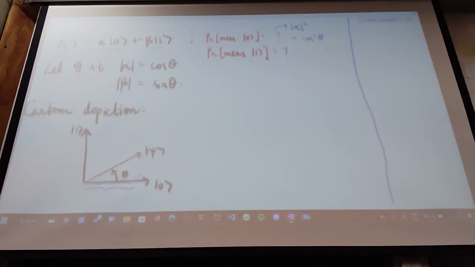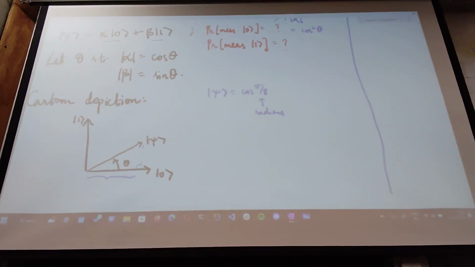Right. So for example, here's a state which will show up later on. If you have psi equals cosine of pi by 8, also this is in radians. We'll be working with radians throughout this course. Here's just a refresher if someone is unfamiliar.